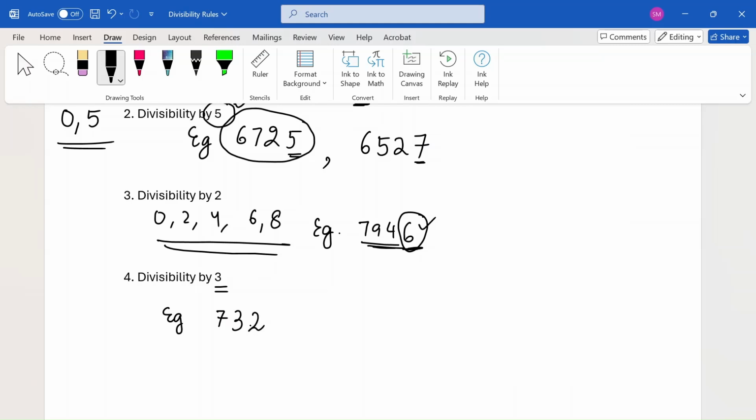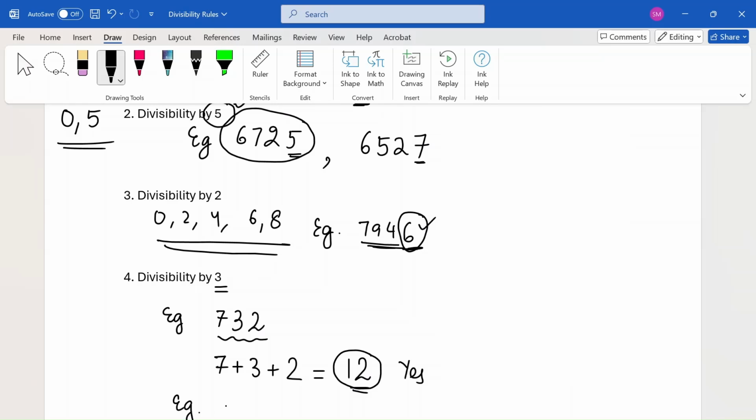If I want to check without actually dividing whether this number is divisible by 3 or not, I simply add up all the digits: 7 plus 3 plus 2. 7 plus 3 is 10 and 10 plus 2 is 12. So the sum of all the digits is 12. And is 12 divisible by 3? Yes. So if the sum is divisible by 3, the entire number is also divisible by 3. Let us take one more example.